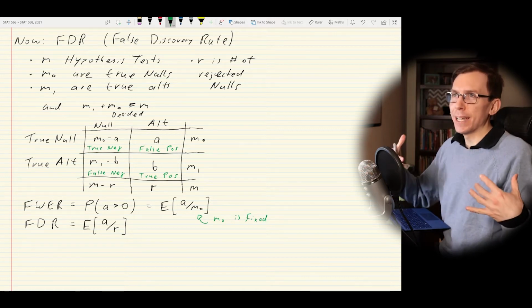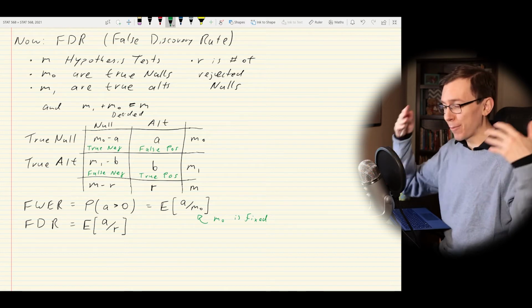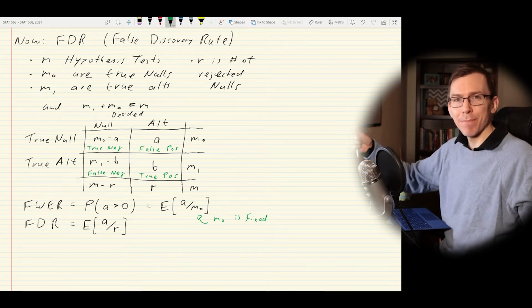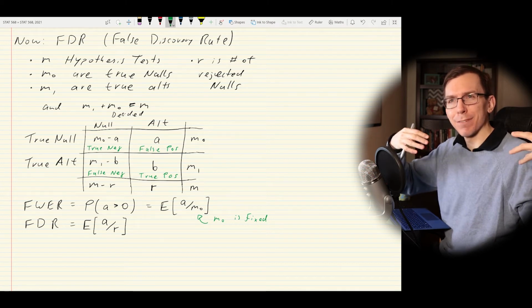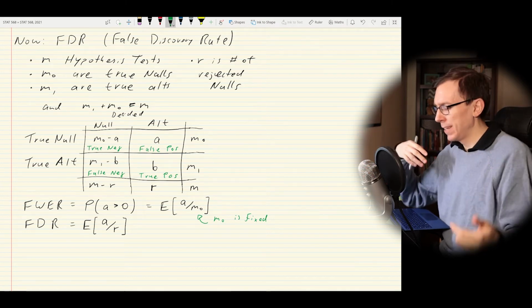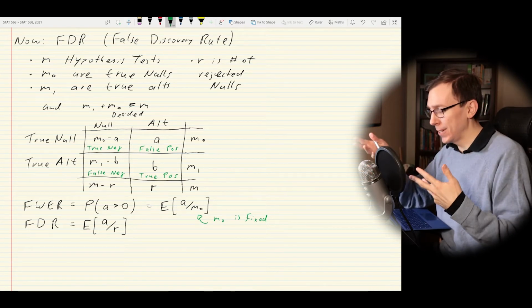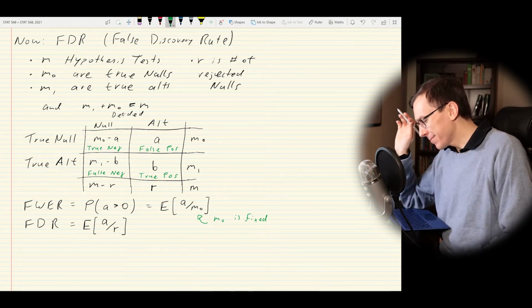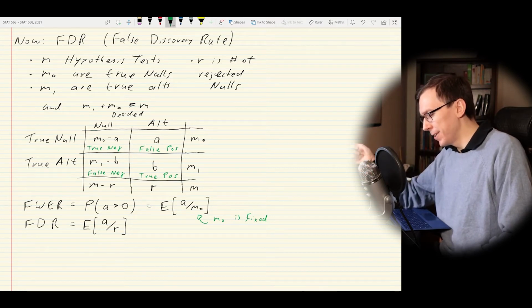We don't know what M naught is a priori, but we would treat it as saying that I ran my M experiments. Some set of those, the data is coming from our null hypothesis, and some set of those, the data is coming from our alternative hypothesis. So in this case, we think M naught is going to be some fixed unknown.